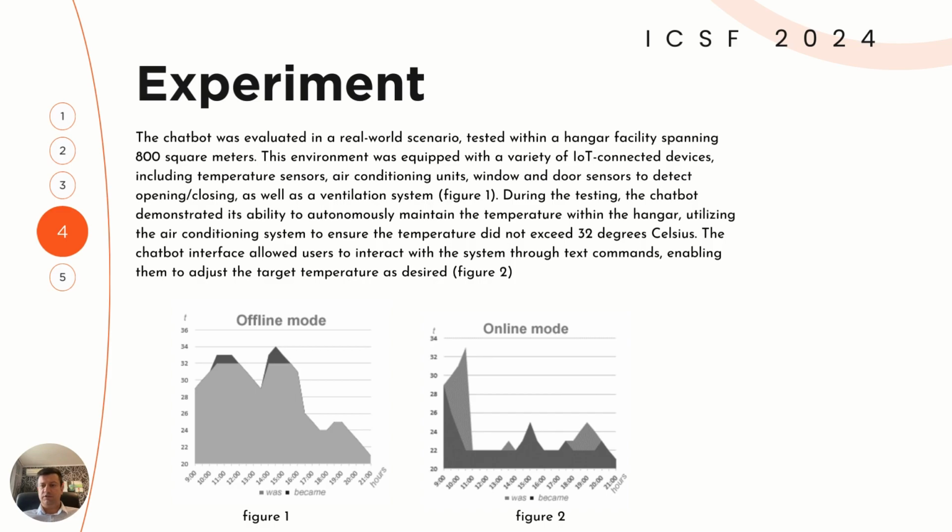Through this real-world evaluation, the chatbot's capabilities were thoroughly tested, demonstrating its ability to effectively maintain optimal environmental conditions within the large hangar space while also offering intuitive user control capabilities to accommodate specific user preferences and needs.